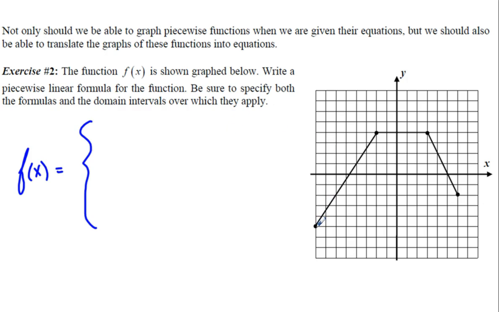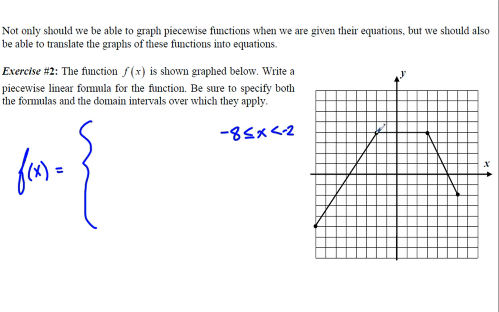So this domain goes from -8 up to -2. And the question is, well, what kind of symbol do I put on the -2? Because it's the same for this line as for that line.